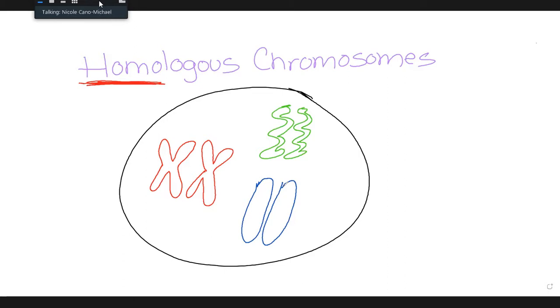All right. So what I want to point out is a couple of things. First of all, how many chromosomes total did I draw here? What's my total number of chromosomes, guys? 6. Yeah, cool. So where did those 6 chromosomes come from?